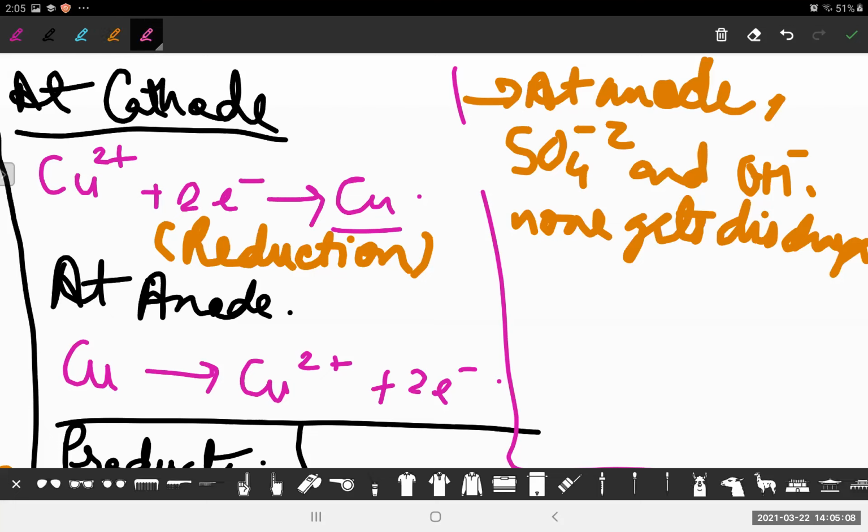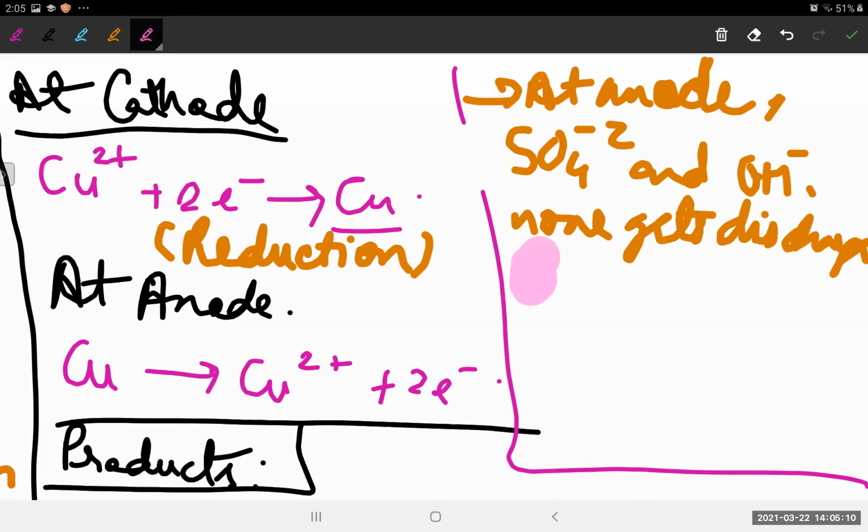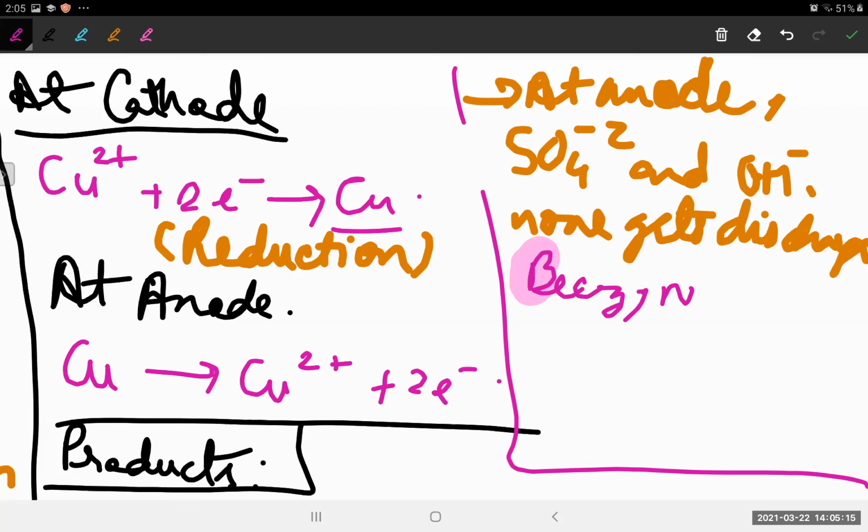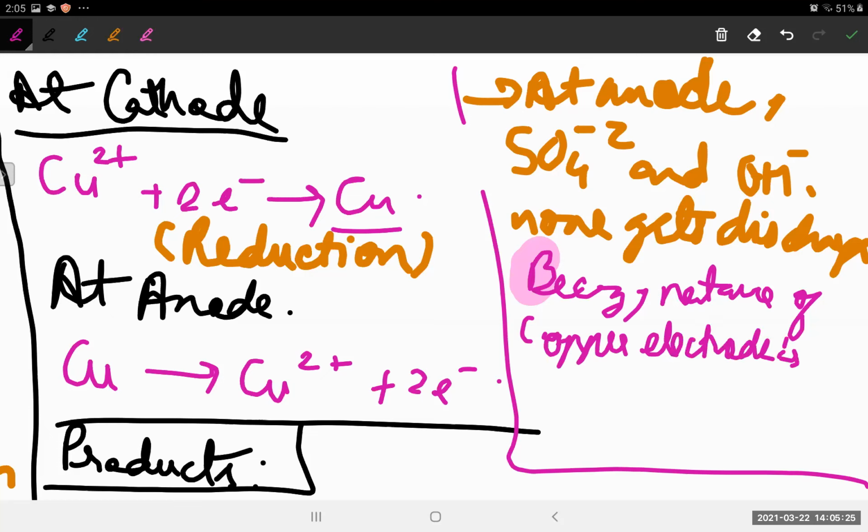Because the nature of the copper electrode is active. It's an active electrode, it will just take electrons.